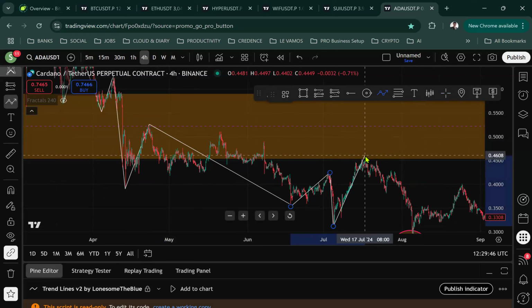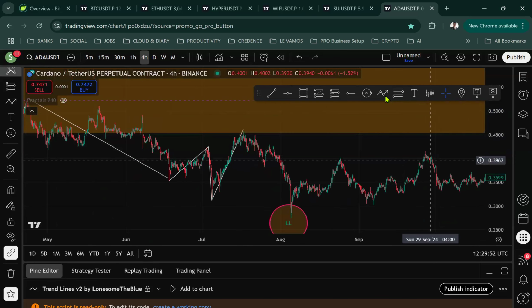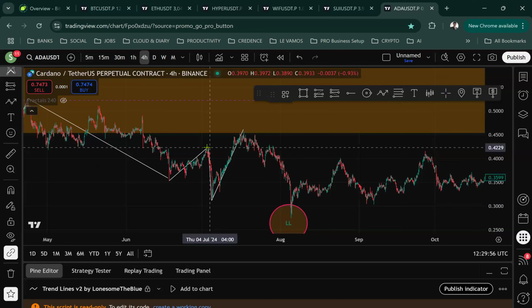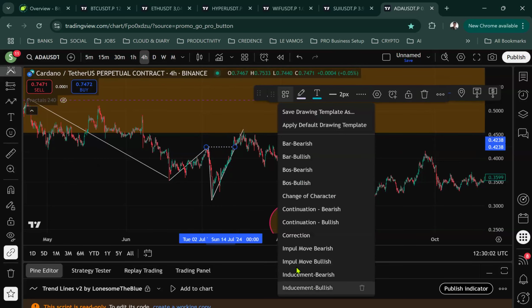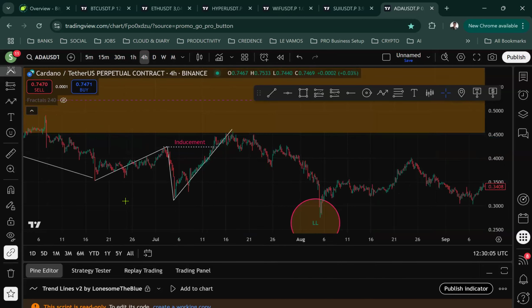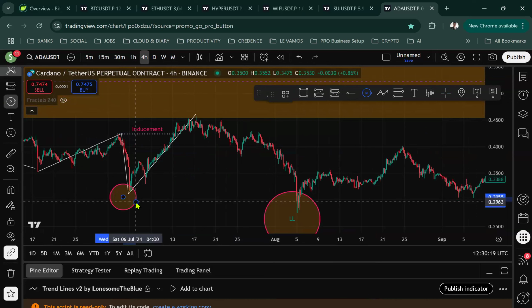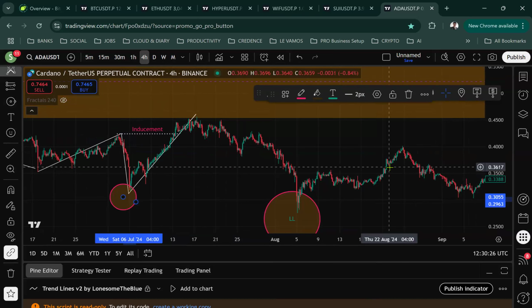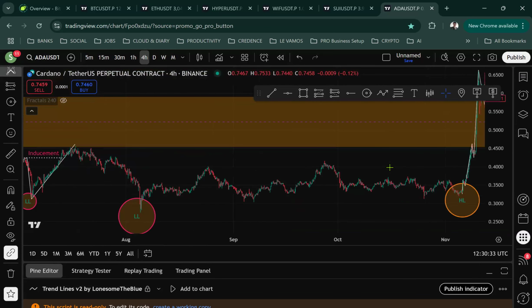So this is the lower low. And the higher low can be considered after the breakout structure.